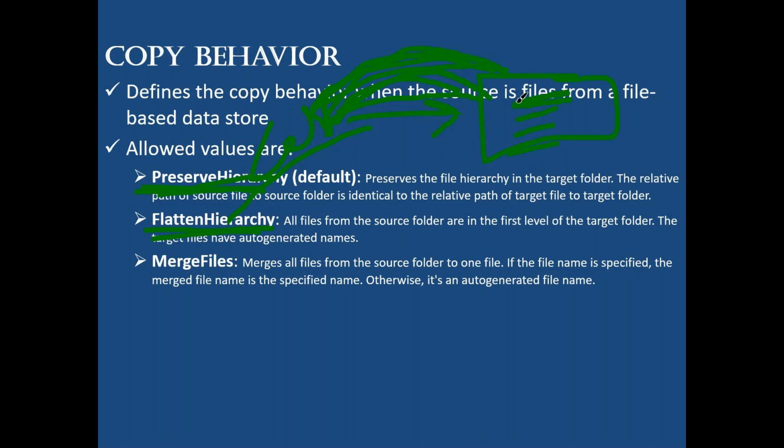As the target file name is the same, it is overwriting. Flatten hierarchy is adding different file names, so it keeps on adding the data. So based on the requirement, we need to choose preserved hierarchy or flatten hierarchy. But generally, preserved hierarchy, flatten hierarchy, merge files we will be using.